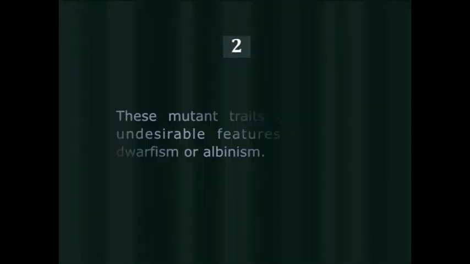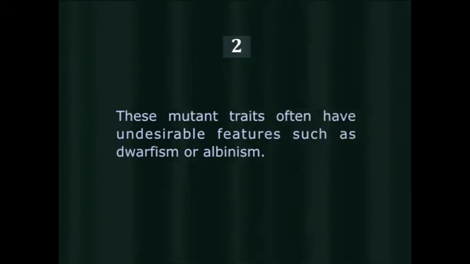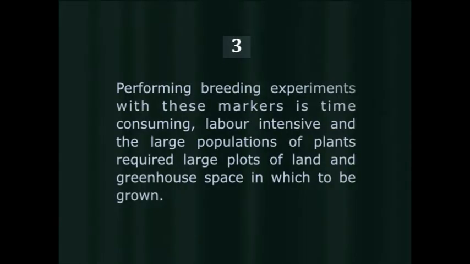Second, these mutant traits often have undesirable features such as dwarfism or albinism. And lastly, performing breeding experiments with these markers is time-consuming, labor-intensive, and the large populations of plants require large plots of land and greenhouse space in which to be grown.